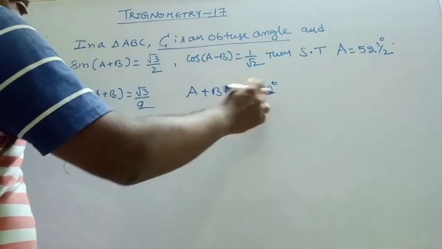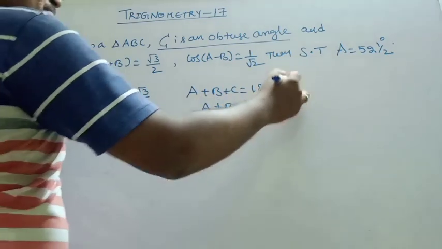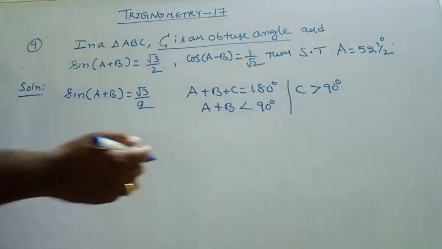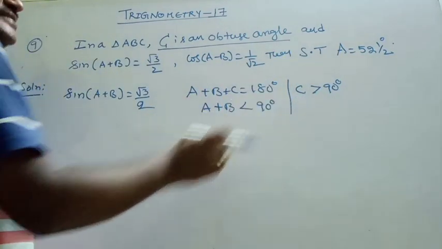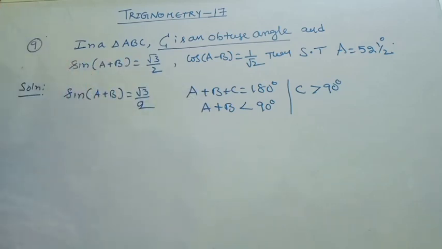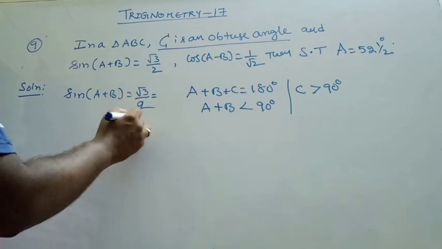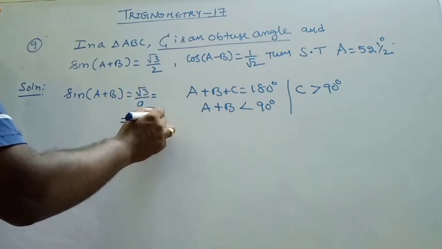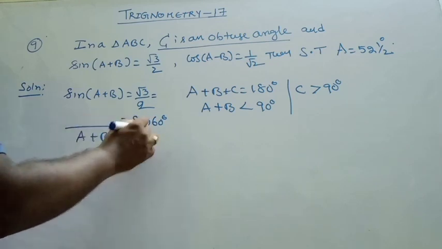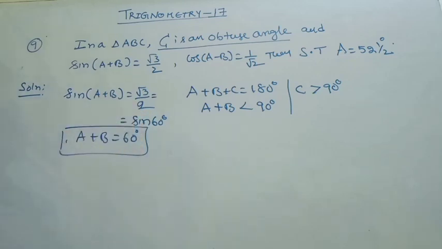If C is more than 90 degrees, then A plus B should be less than 90 degrees, lying in the first quadrant, so A plus B should be an acute angle. Root 3 by 2 is equal to sine 60 degrees. From that, A plus B is equal to 60 degrees.